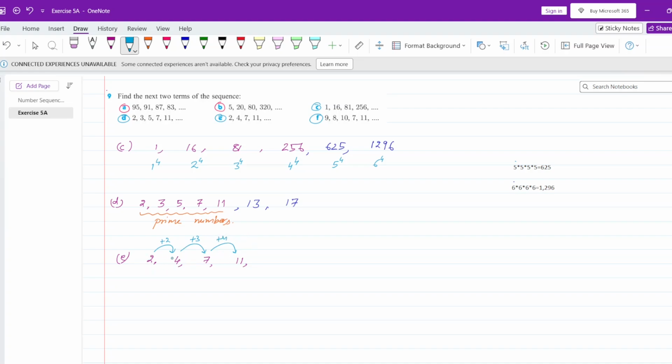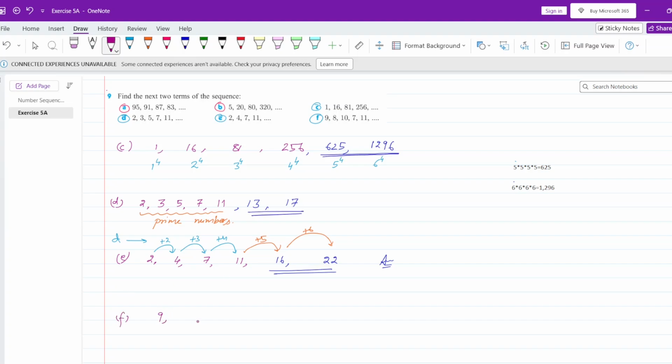Now we can see that this difference is also forming a series where each term is 1 plus the previous term. Therefore, the next term is going to be plus 5 and the following term is going to be plus 6. Therefore, 11 plus 5 is 16 and 16 plus 6 is 22. That's the answer.